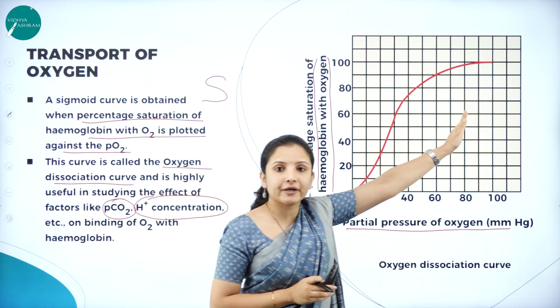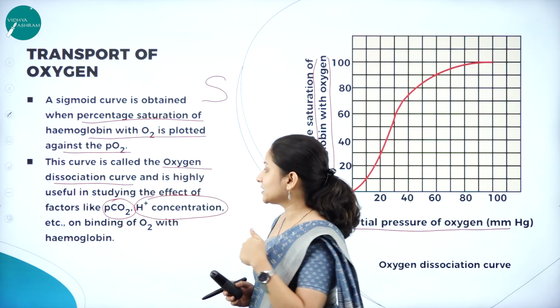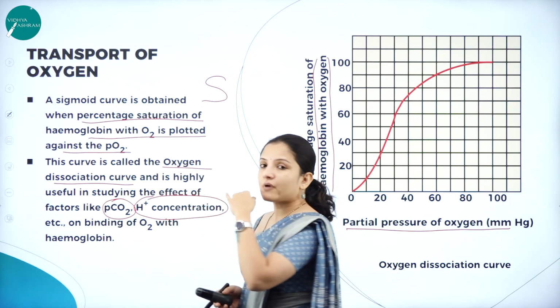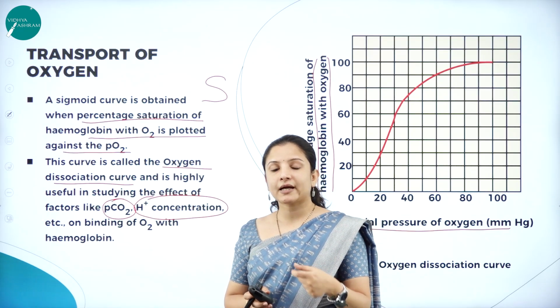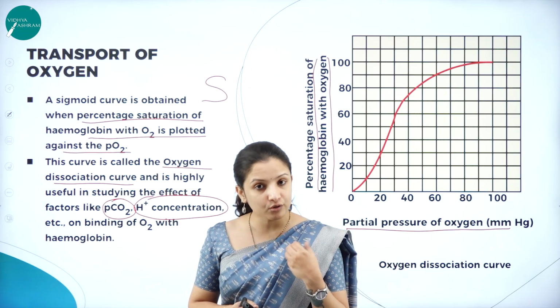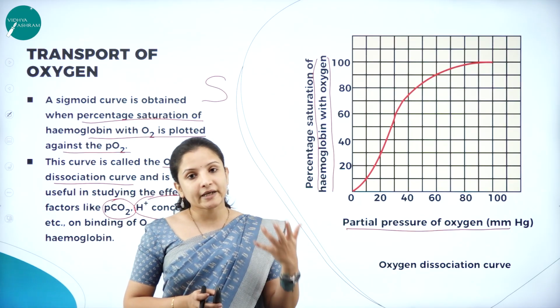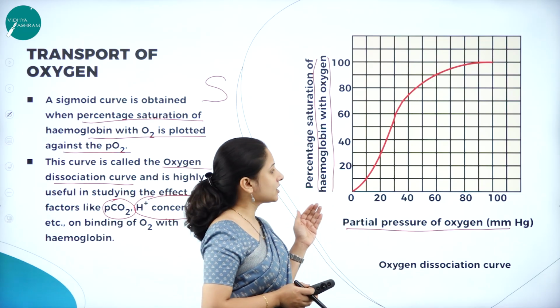What does this sigmoid curve depict? It helps us understand the effects of various factors like the partial pressure of carbon dioxide and the hydrogen ion concentration on the binding of oxygen to the hemoglobin, which we will understand from this particular graph.